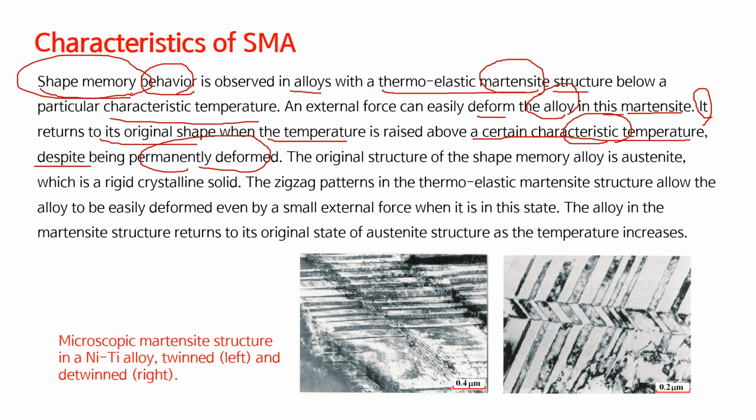The original structure of the shape memory alloy is austenite, which is a rigid crystalline solid. The zigzag patterns in the thermoelastic martensite structure allow the alloy to be easily deformed even by a small external force.